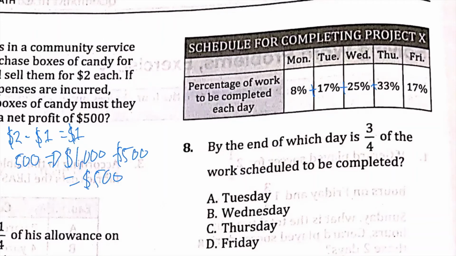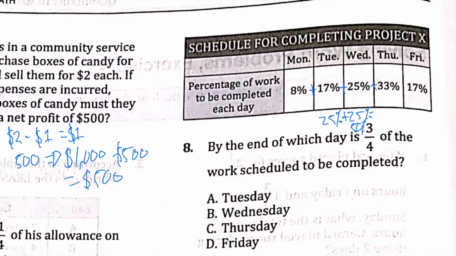So 8 plus 17 is 25. So by Tuesday, you're up to 25% complete. 25 plus 25 is 50% complete.